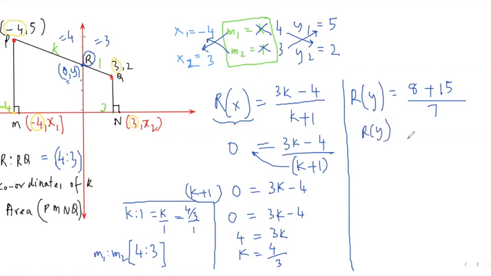So the y coordinate of R is 23 by 7. And you can leave that as a fraction. So R would be 0, comma, because R's coordinates are 0, comma y, 0, comma 23 by 7.